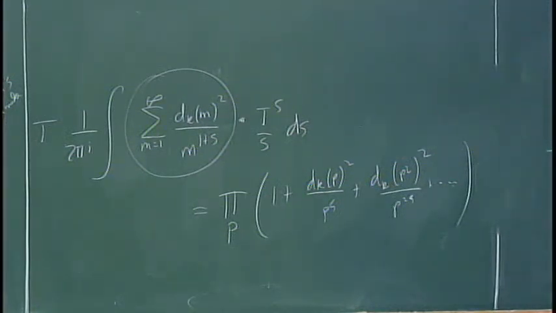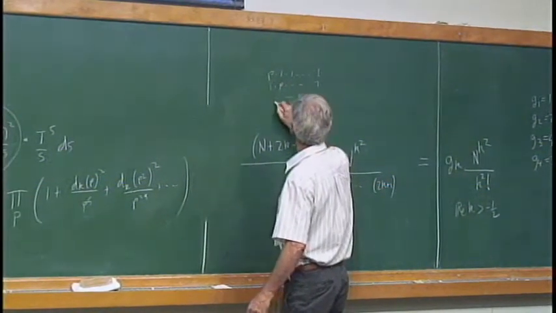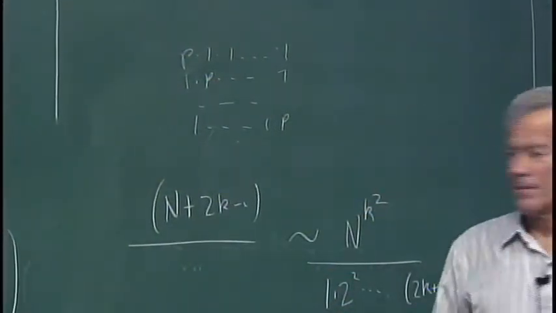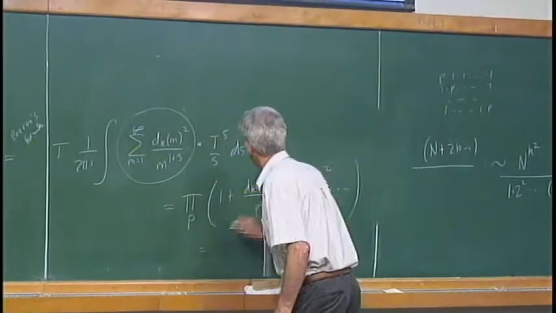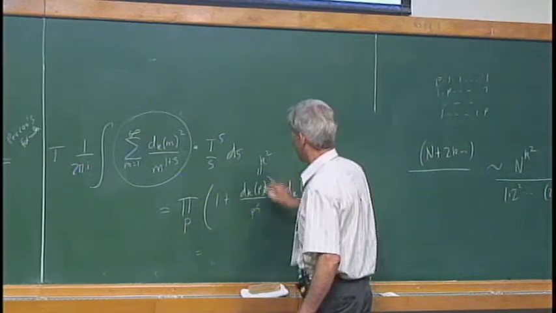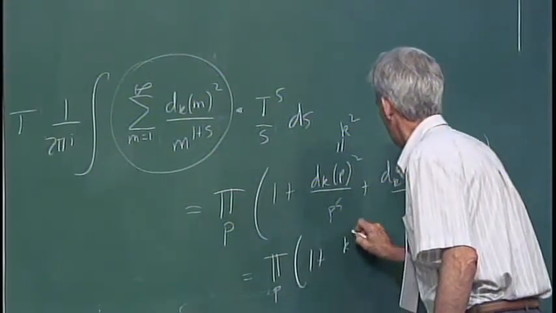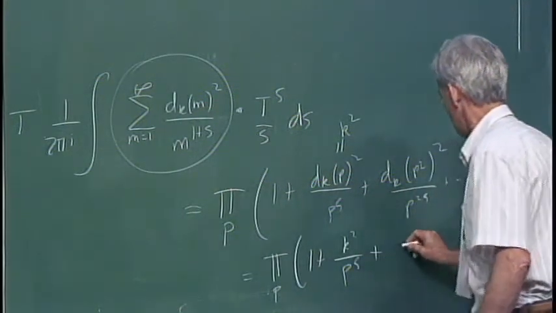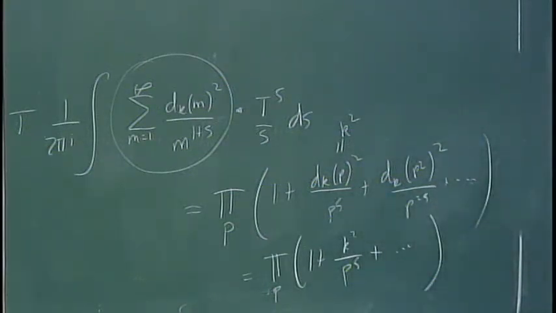Basically that's p times 1 times 1 times 1, or 1 times p times 1, and so on. And so there are k ways to do it, right? So dk of p is k, so this equals k squared. So it's a product over p of 1 plus k squared over p to the s plus something or other over p to the 2s, and so on.